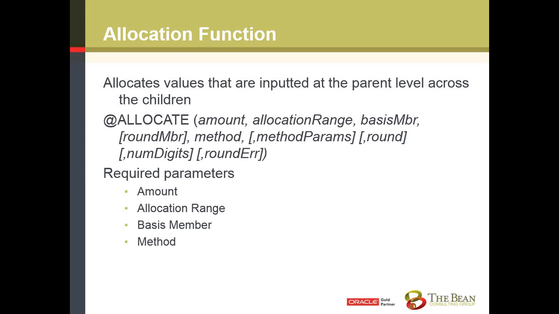Allocations are another big calculation that's done quite often in Essbase. And really the best way to achieve an allocation is to use the allocate function. The 4 required parameters are the amount, the allocation range, the basis, and the method that you want to use to do your allocation.